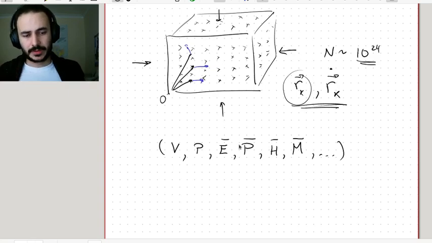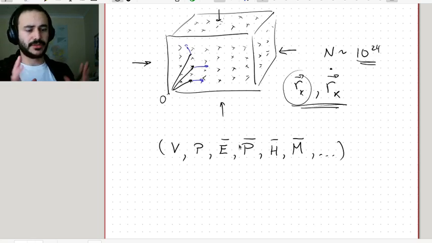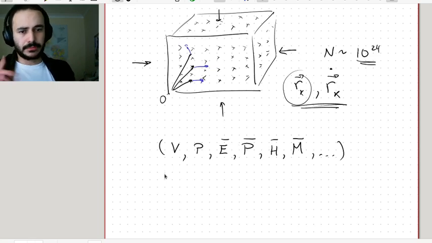For instance, think of a camera. Imagine that you want to take a photo of this system as a means to measure it. Or if you like, imagine you want to make a microphotography of this system. Well, a typical shutter of a camera has a time in which it opens and closes, which is of the order of like 1/100 of a second.